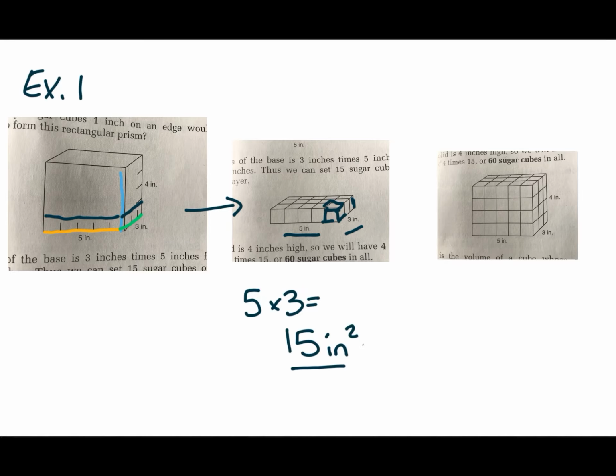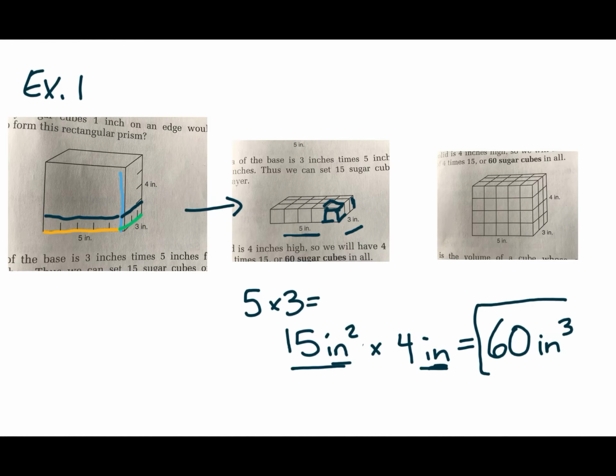So that gives us the area of the bottom. And then if we multiply that by 4 inches high, 15 times 4 is 60 inches cubed. So we have inches squared times inches gives us inches cubed.